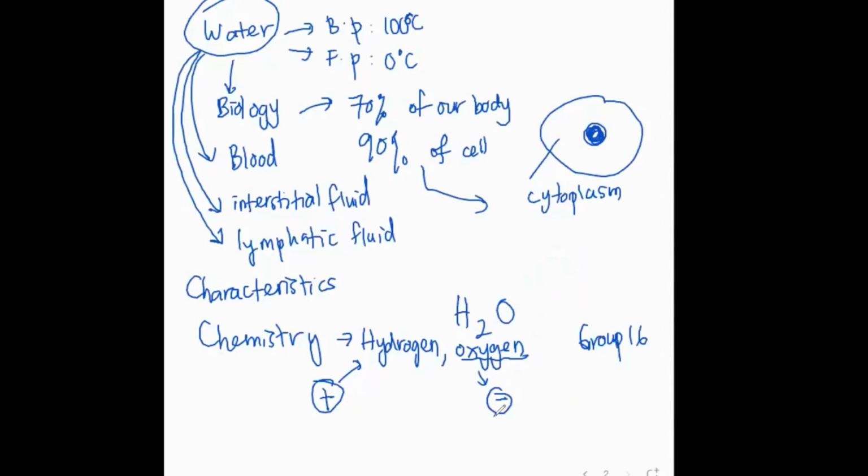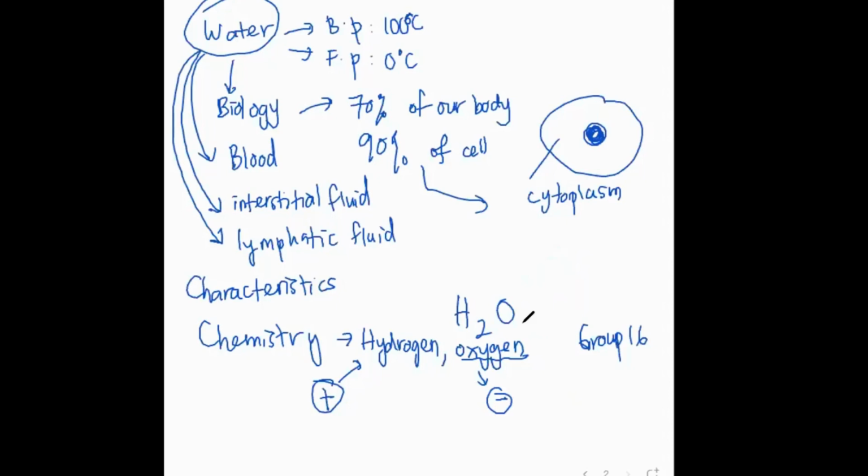Because there is a positive and there is a negative charge, they can attract each other and bind together, so become a water molecule. So hydrogen atom and oxygen atom join together to form water molecule.